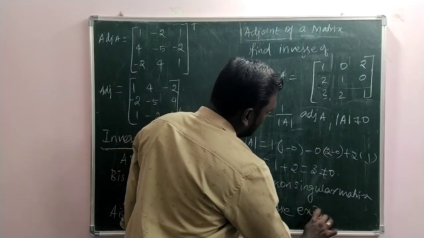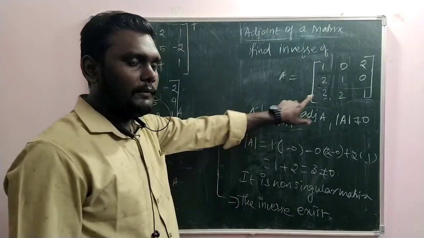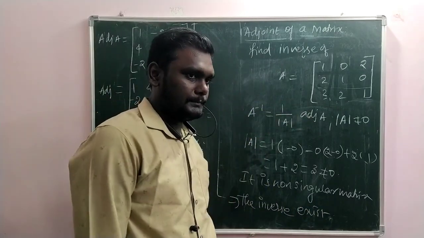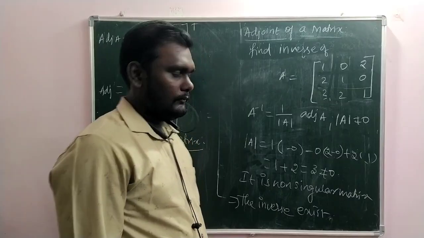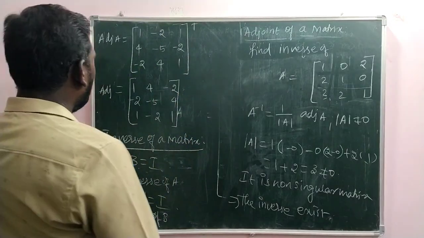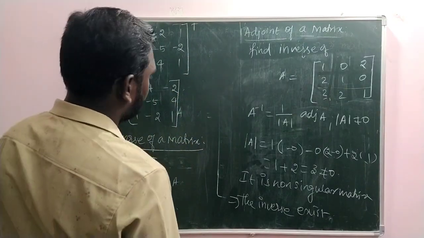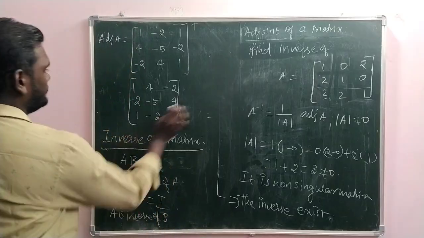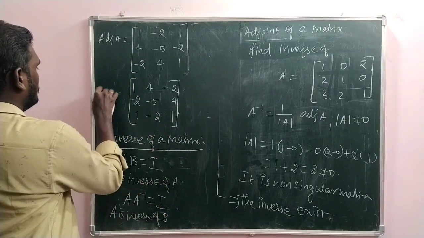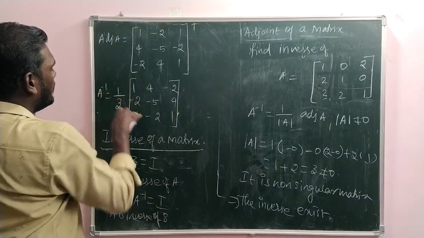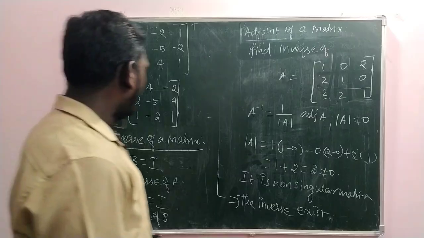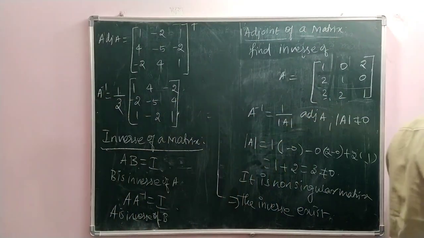How to find the inverse? For this matrix, we already found the adjoint in the previous question. So simple. The adjoint of A is here. So the inverse is 1 by determinant of A into adjoint of A. That is our inverse.